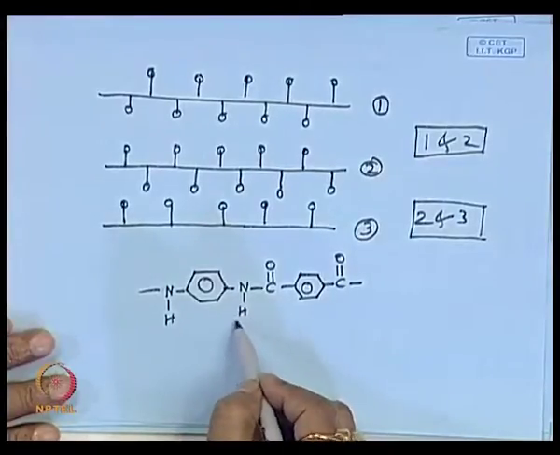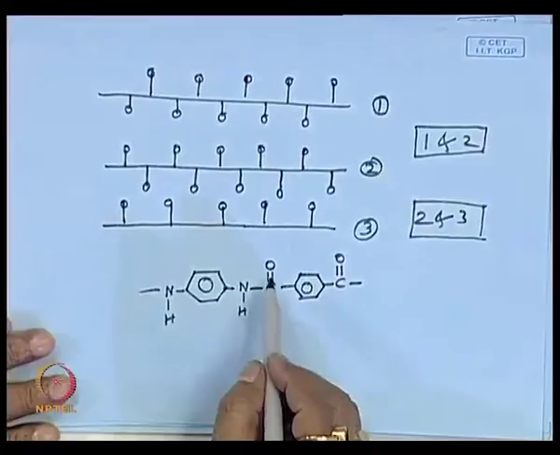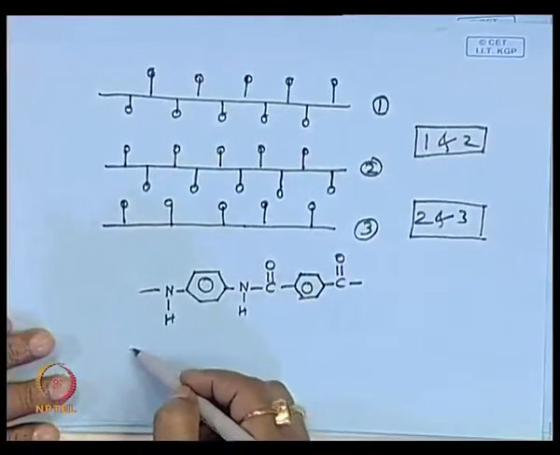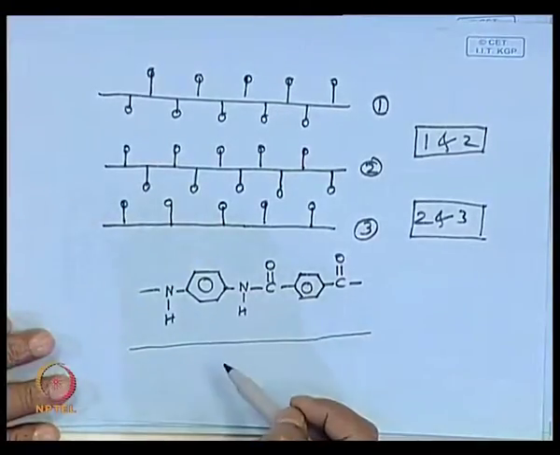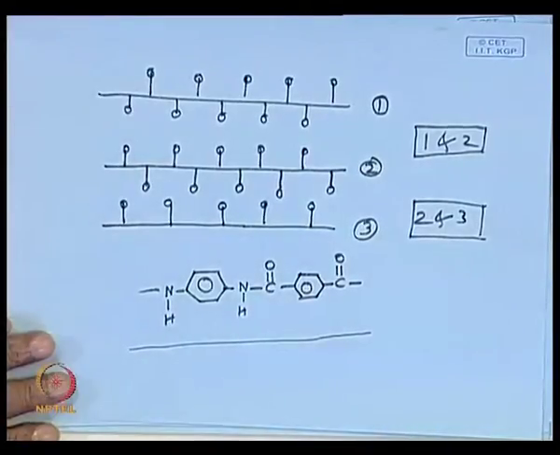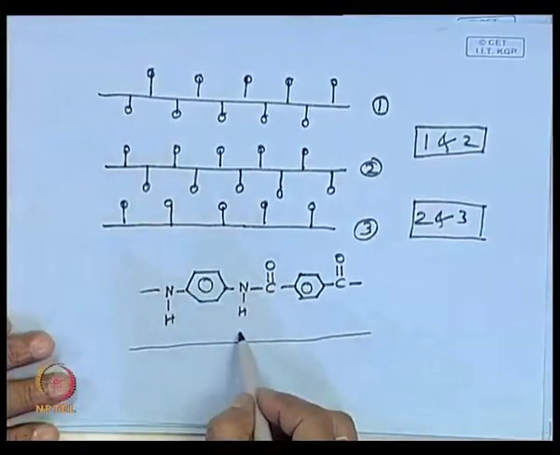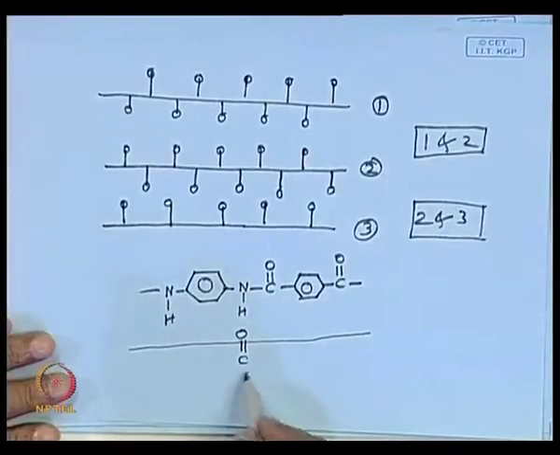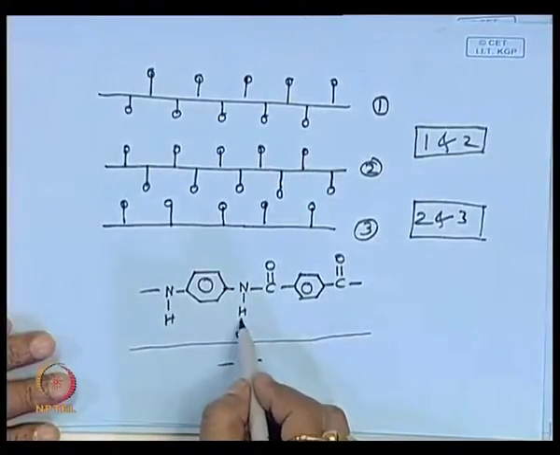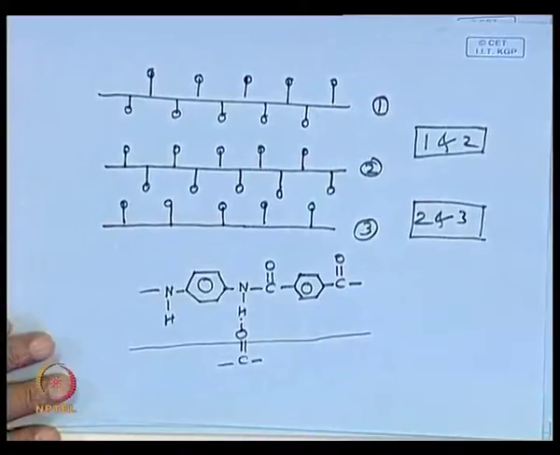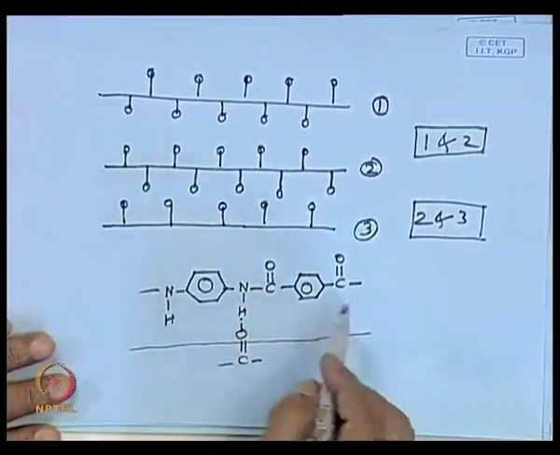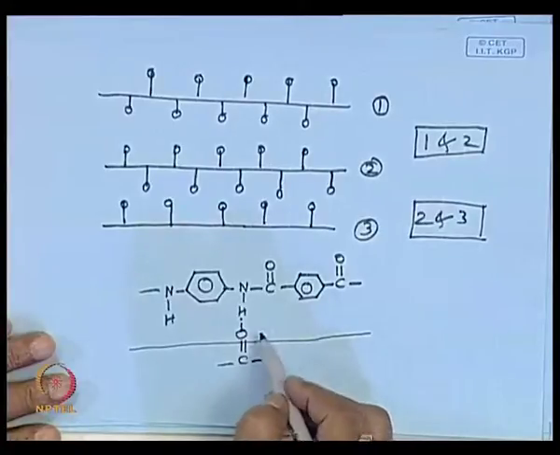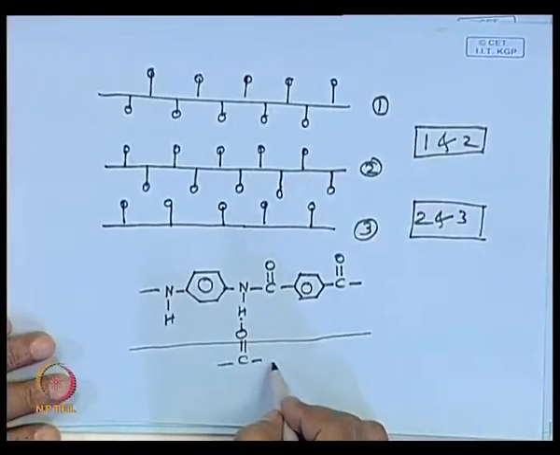Now, this hydrogen can enter into hydrogen bonding with one oxygen of a neighboring molecule. That means, if the molecules are placed in such a way that one oxygen comes just below this hydrogen of another molecule, it can set a hydrogen bond and the distance is maintained. So, next to this it will have, say, nitrogen over here.